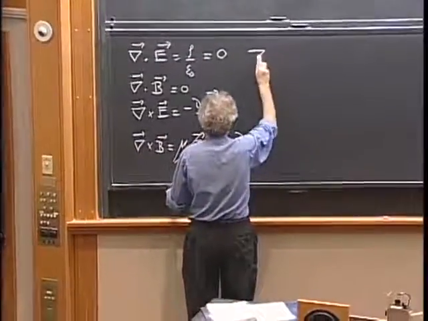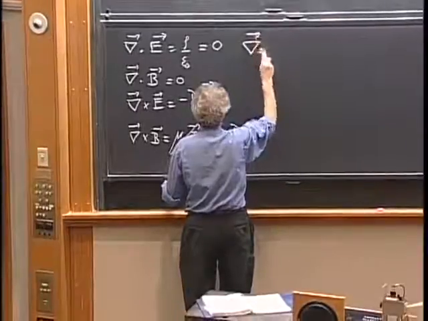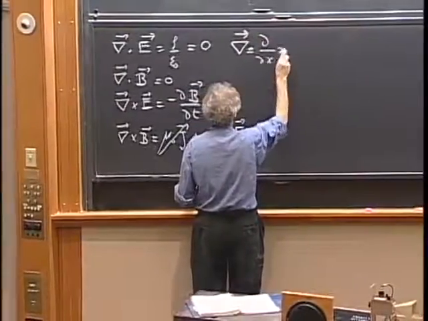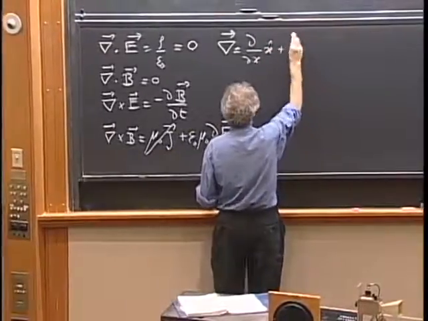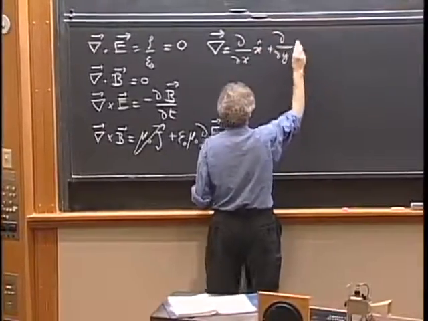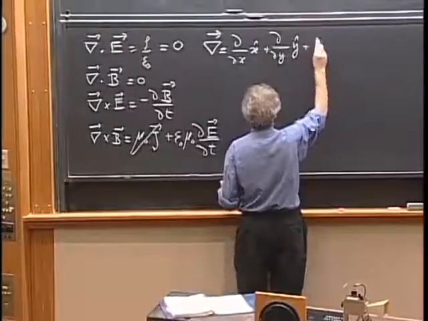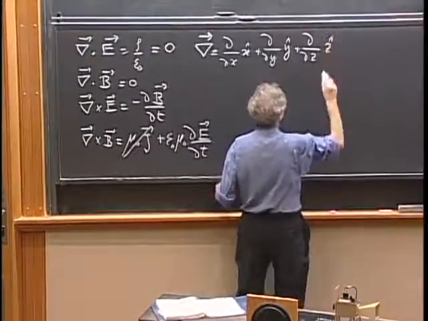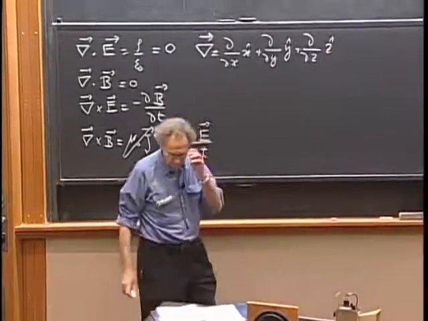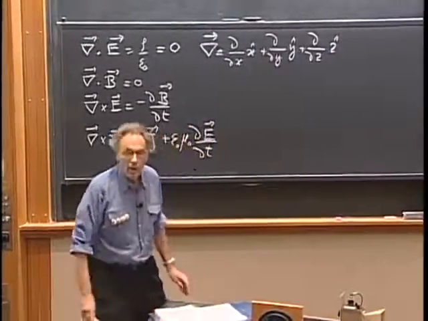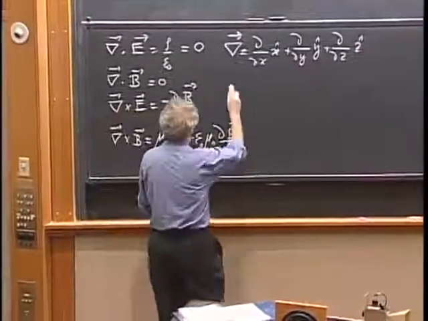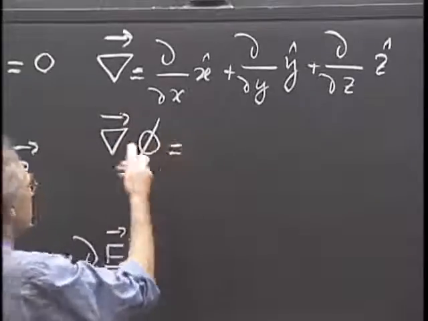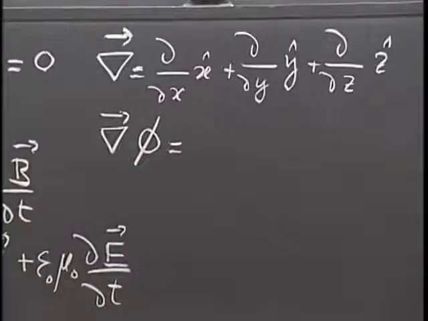The del vector is an operator d dx, x roof, plus d dy, y roof, plus d dz, z roof. If you apply the del vector on a function, phi, this is called the gradient of phi.